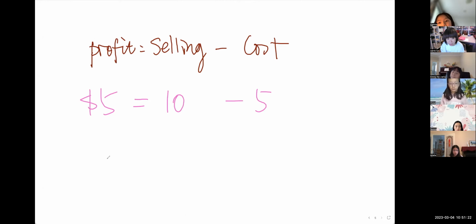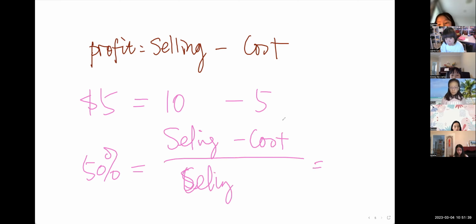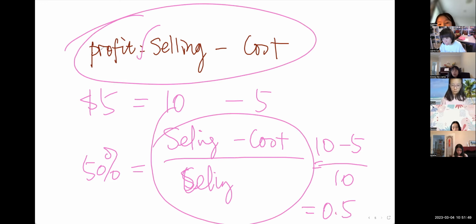For instance, we say the profit of a product is 50% for Violet's book. Why? Because it equals the selling price minus the cost, divided by the selling price. So you can see 10 minus 5 divided by 10 equals 0.5, so it's 50%. Please put these in your notebook.